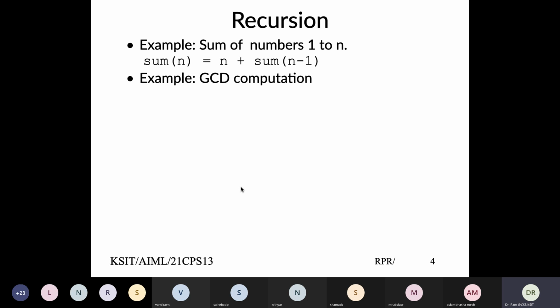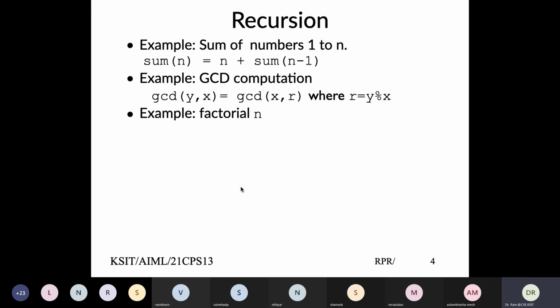Then we look at GCD, the greatest common divisor or highest common factor computation, and how recursion solves that problem. We also look at factorial. In the next class, we will look at Fibonacci numbers.